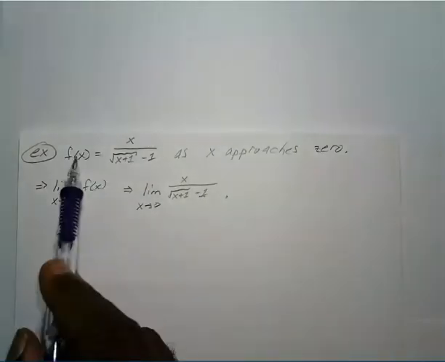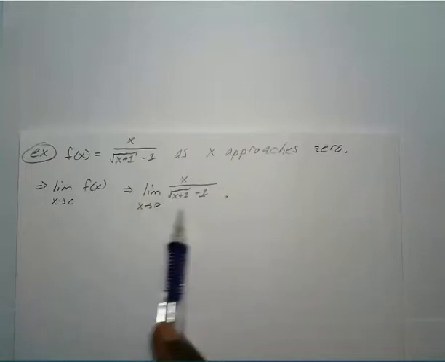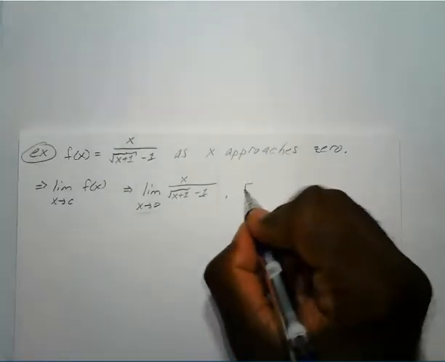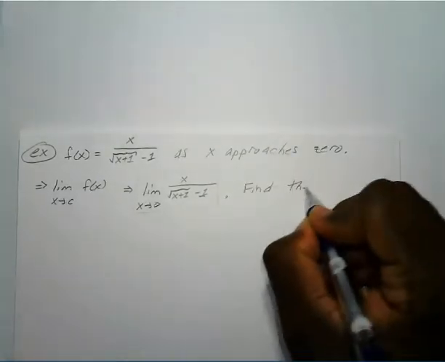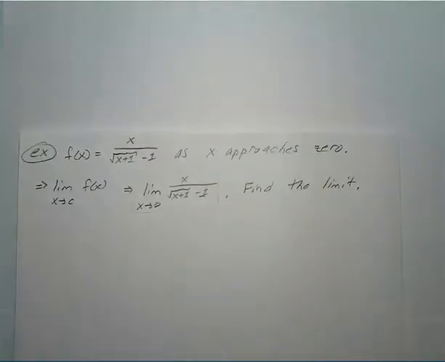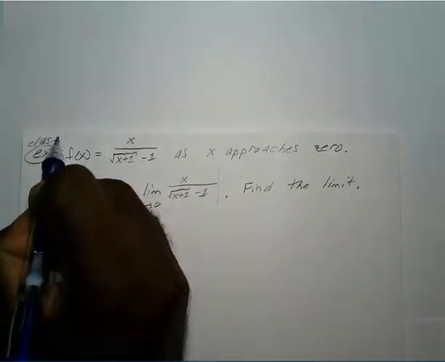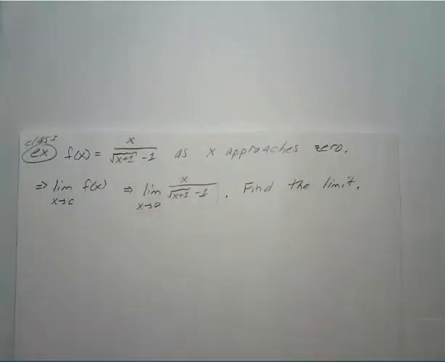Okay, so you can see it written out this way, or you can see it just as a simple limit problem right here. Okay, so you want to find the limit. Okay, now what I want you to do is I want you to go ahead and press pause and work this one out on your own and use the previous example as kind of a guide.